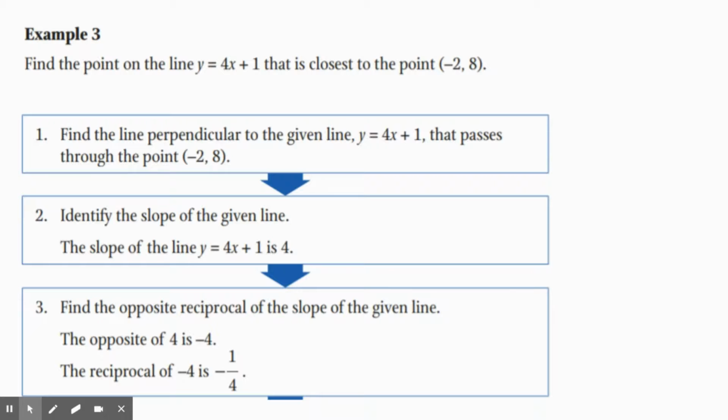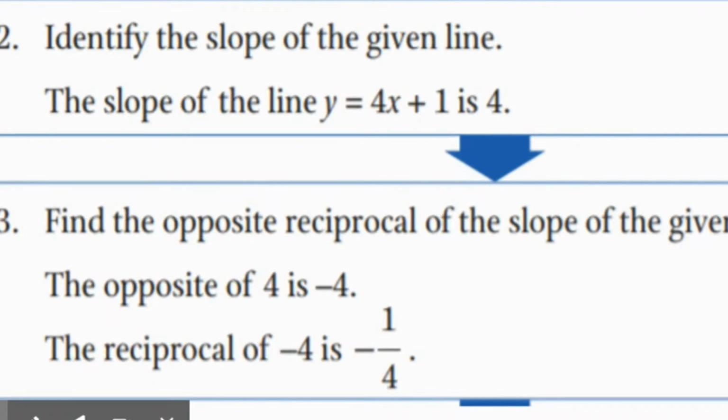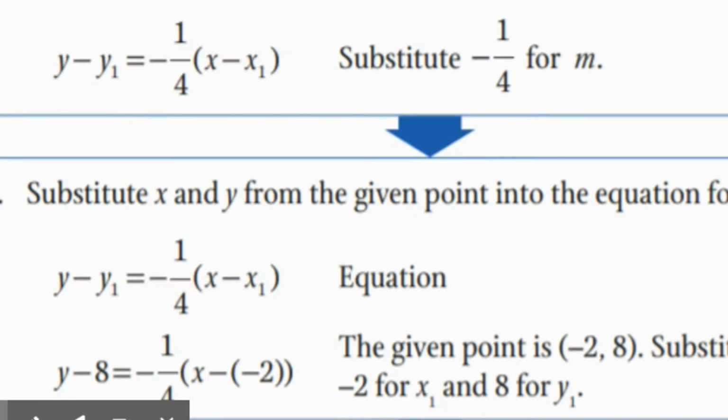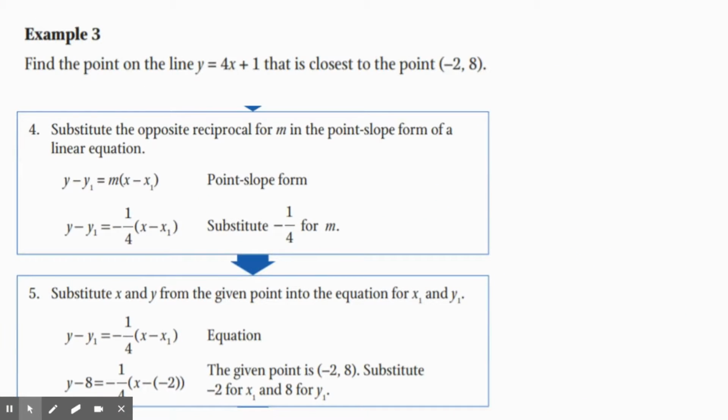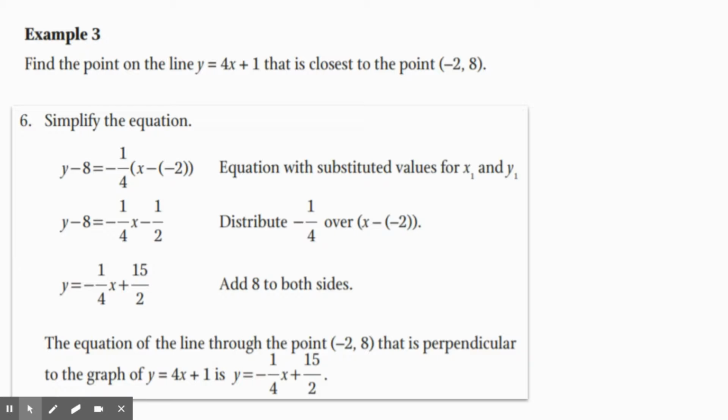First, we identify the slope of y equals 4x plus 1 as 4, so we do the opposite reciprocal, which is negative 1 over 4. We're going to use that negative 1 over 4 in point-slope or slope-intercept form to get our equation. After a little bit of substituting, we finally get an answer of y equals negative 1 over 4 x plus 15 over 2.